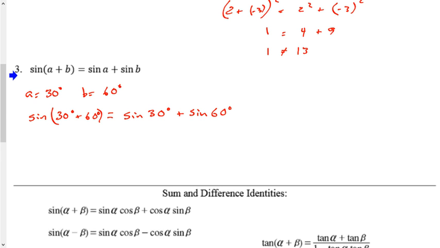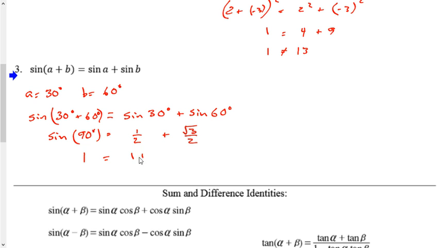And is that equal to the sine of 30 degrees plus the sine of 60 degrees? Well, on the left side here, if I simplify, I'll get the sine of 90 degrees, which is equal to 1. And the sine of 30 degrees is 1/2. The sine of 60 degrees is √3 over 2.